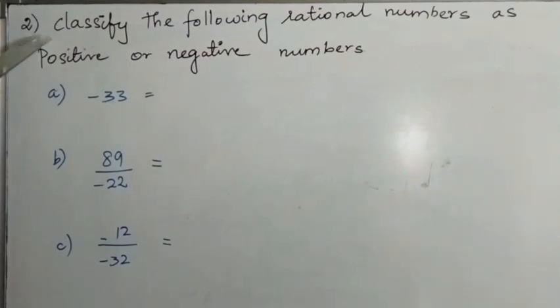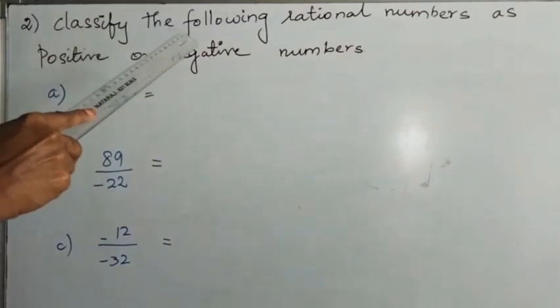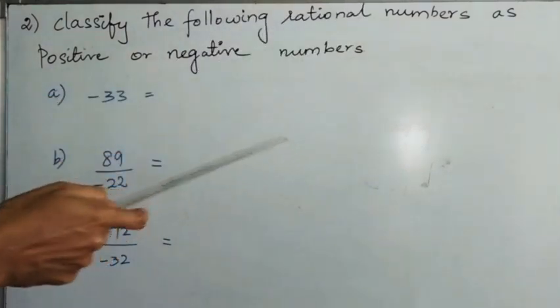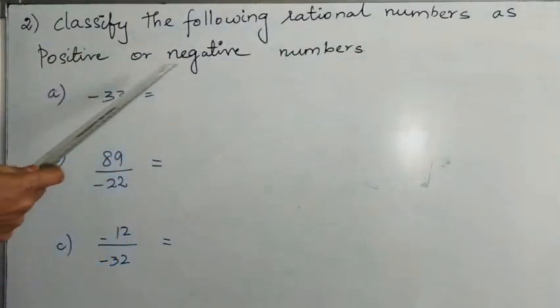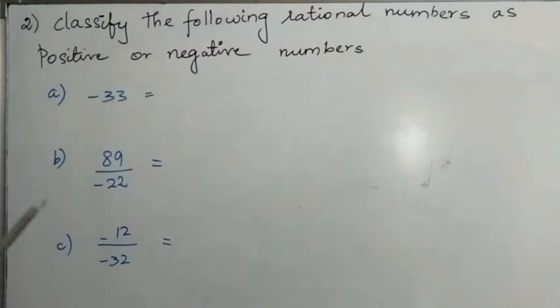Next, second sum, classify the following rational numbers as positive or negative numbers. So the given rational numbers we have to classify as positive or negative rational numbers. Okay, see the solution.